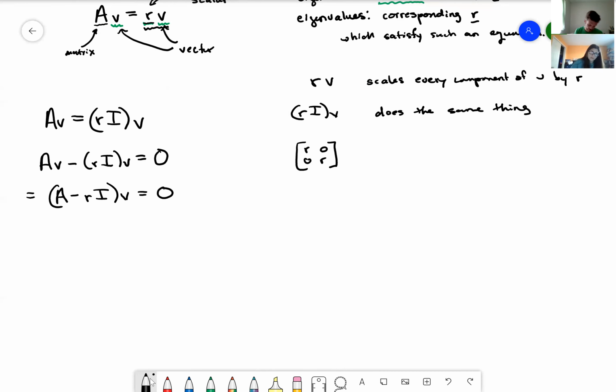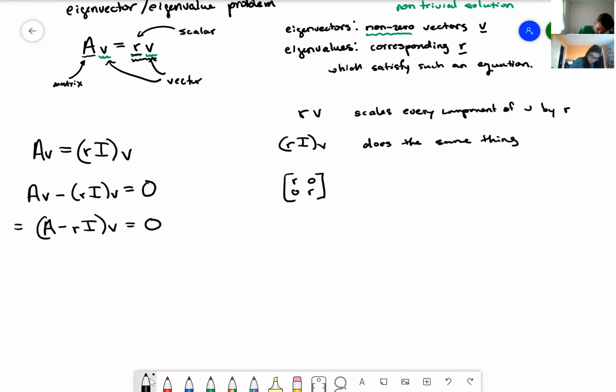So now we've transformed a problem where we're looking for these eigenvectors and eigenvalues as a solution to this. Now they're solutions to this equation where one side is equal to 0. And this brings up another interesting property of matrix multiplication, which is that sometimes you can multiply two things together which are non-zero and still get 0.